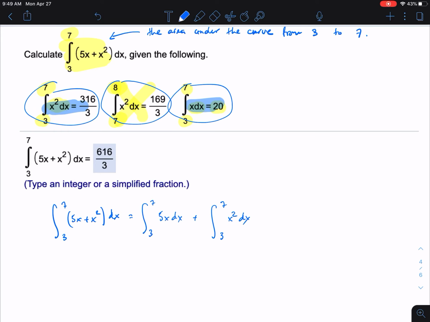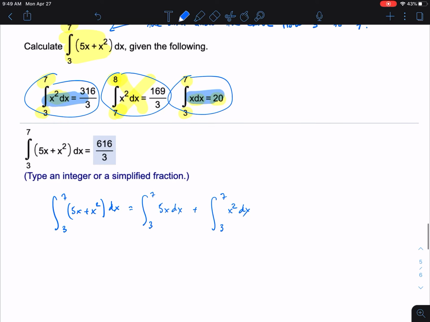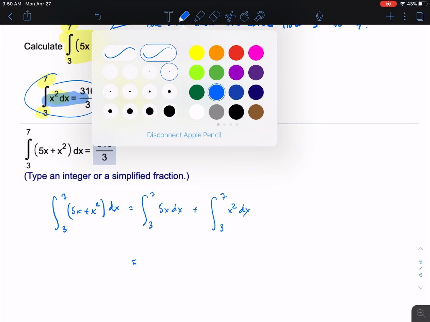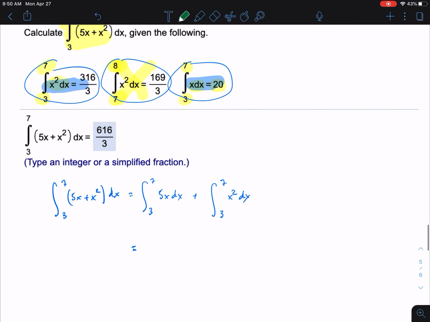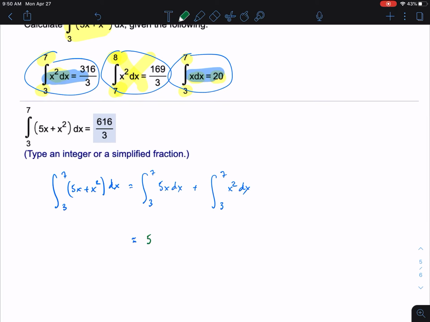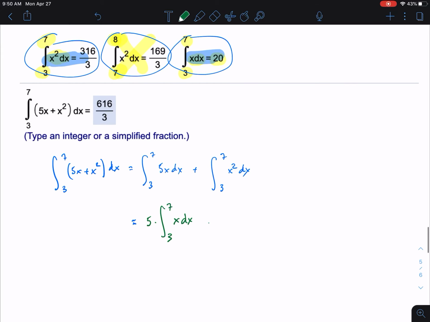So we integrate these separately. First of all, let me go ahead and take out the 5 there. We learned this in lessons 5.1, 5.2. We can factor out the constant in front of the integral.